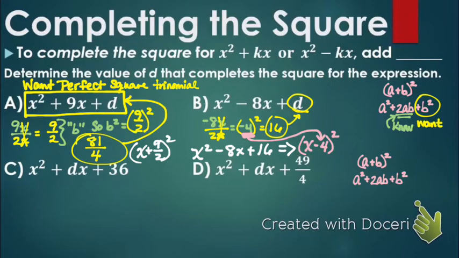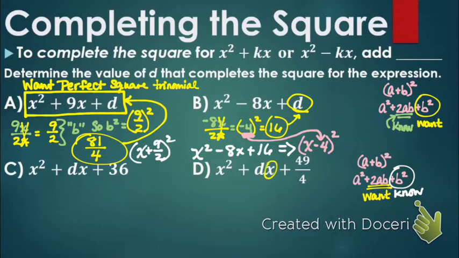Okay. On parts C and D, it's not that end piece. It's not this b squared that I want. This is what I know now. What piece am I wanting? I'm wanting this middle term, this 2ab. It already has this part, that's the x piece.